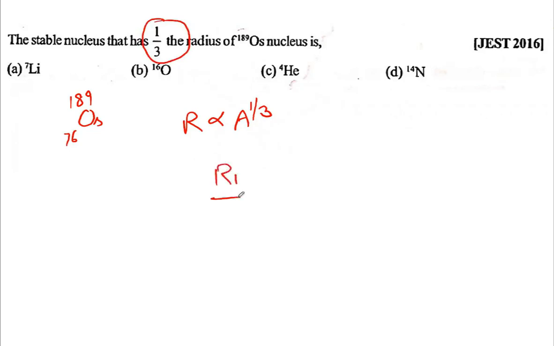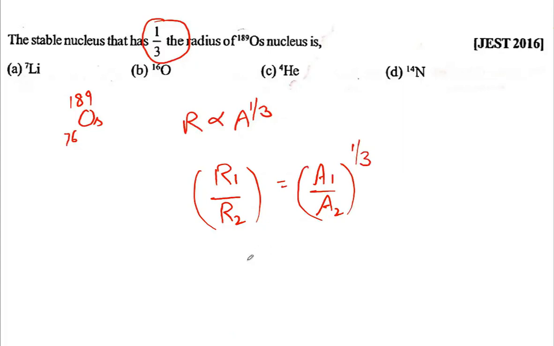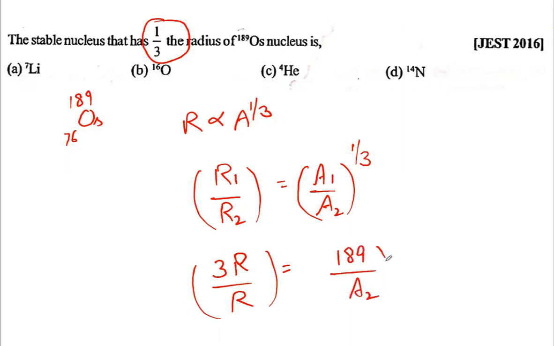So let us compare these two values with A1 over A2. The radius of osmium is 3 times the radius of the nucleus whose mass number we have to find. The mass number of osmium is given, and from that we can find the mass number of the other nucleus.